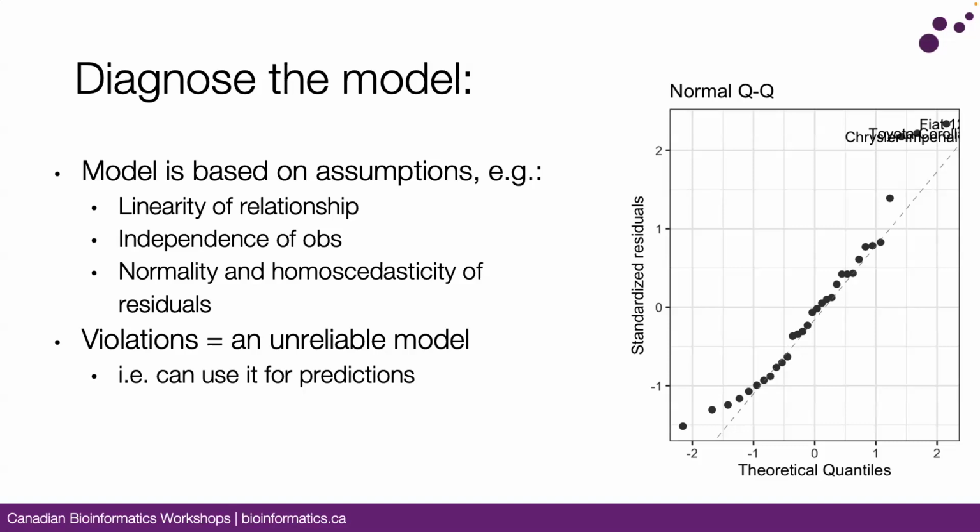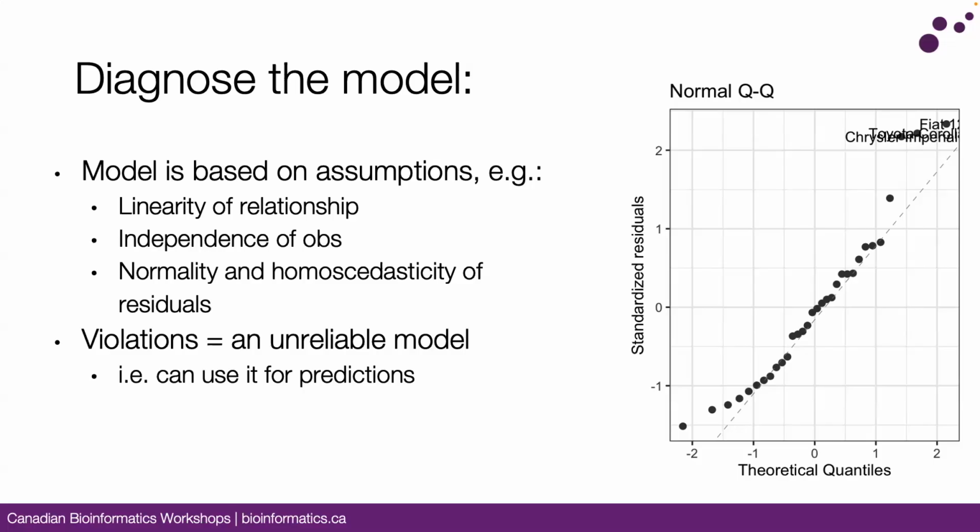The assumptions for the linear model are: linearity of the relationship between X and Y, which we've already kind of demonstrated; independence of the observations, which we know we have; and normality and homoscedasticity of the residuals.